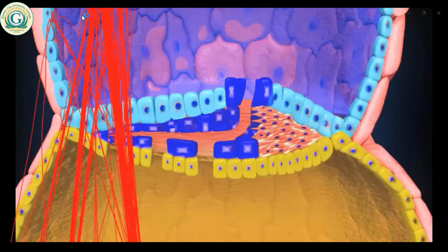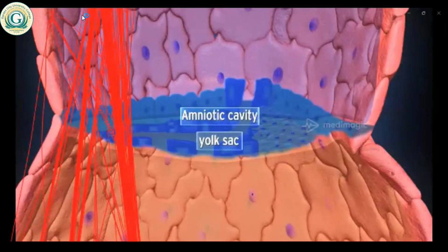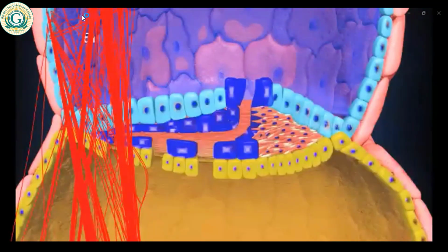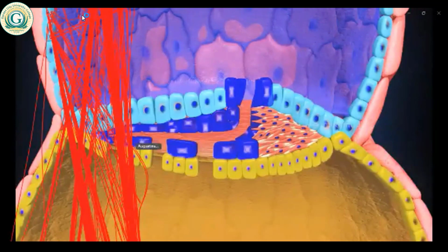Thus, a temporary communication between yolk sac and amniotic cavity is established. This communication ensures the nutrition to the ectodermal surface of the germ disc till the formation of blood vessels.